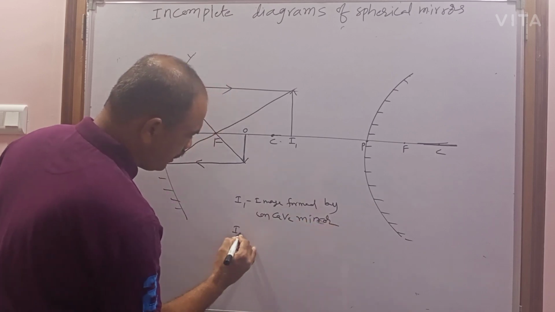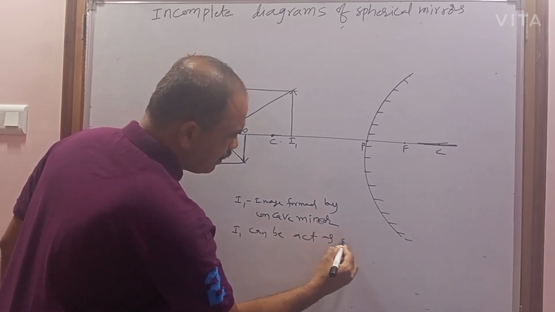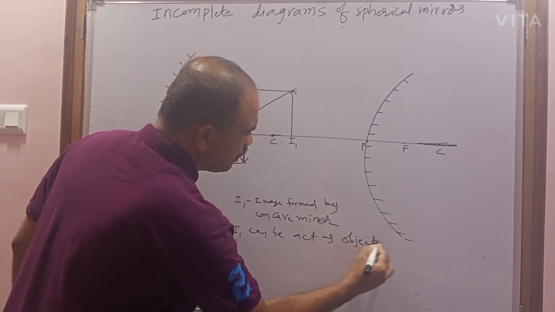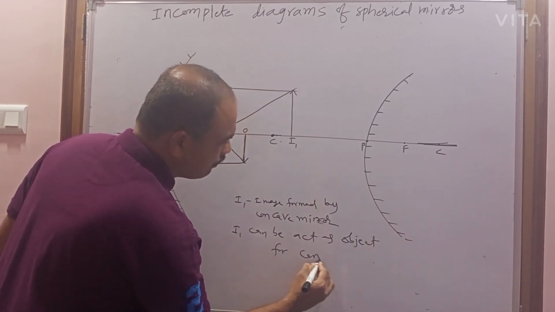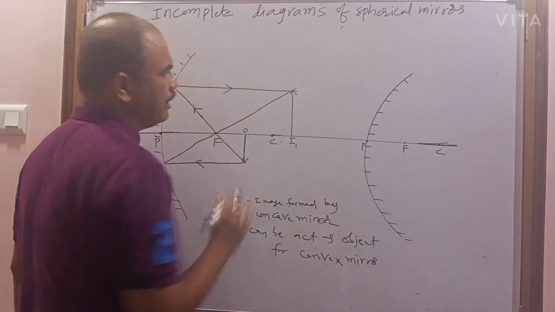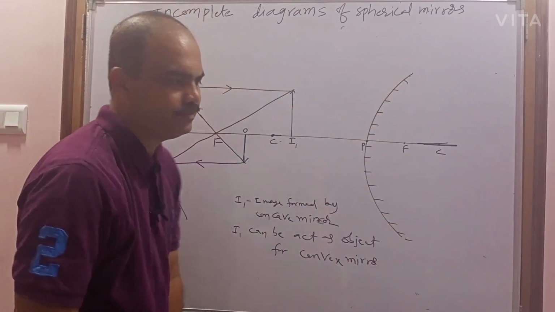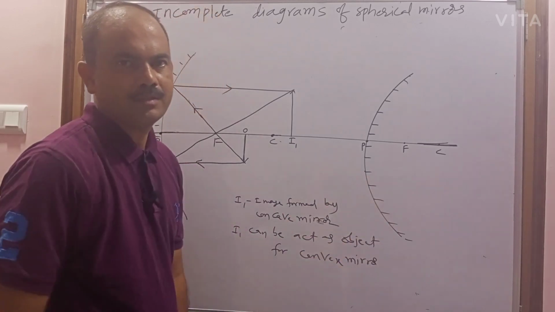Now this I1 can act as the object for the convex mirror. Now we have to complete the diagram.